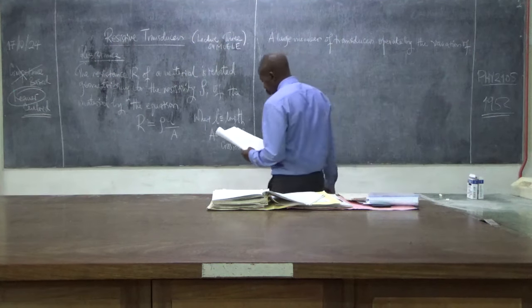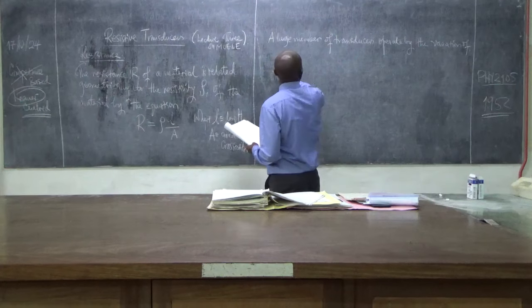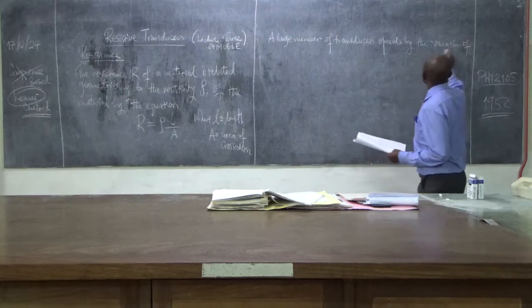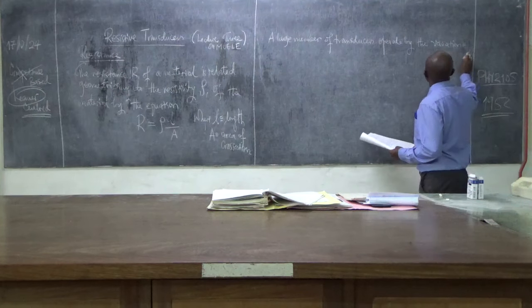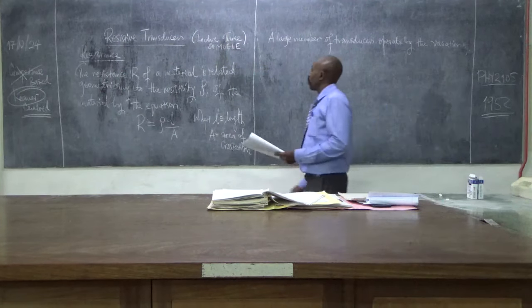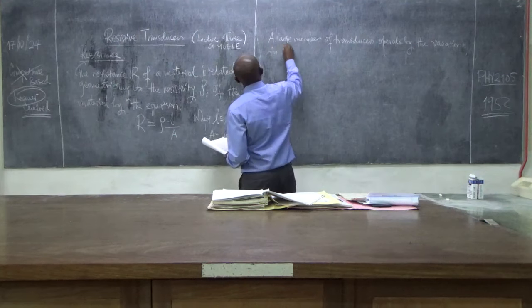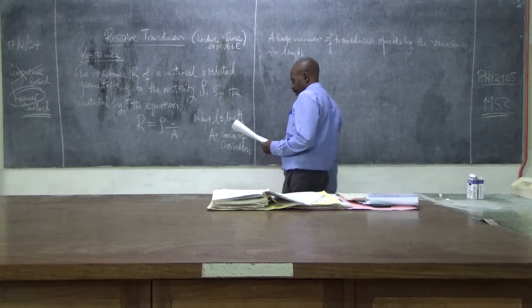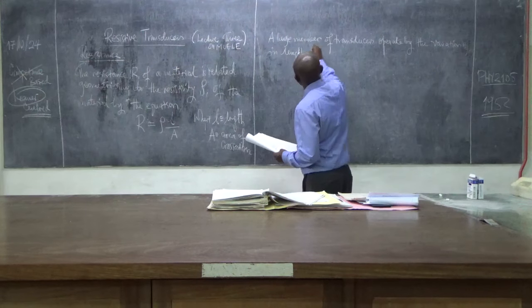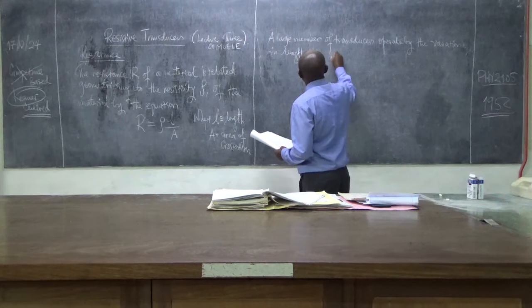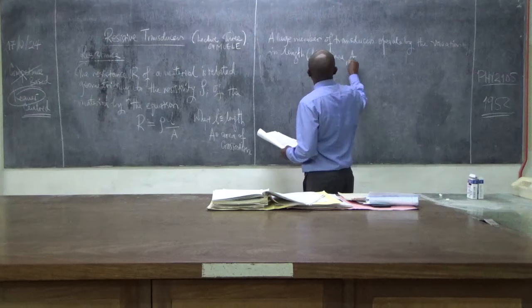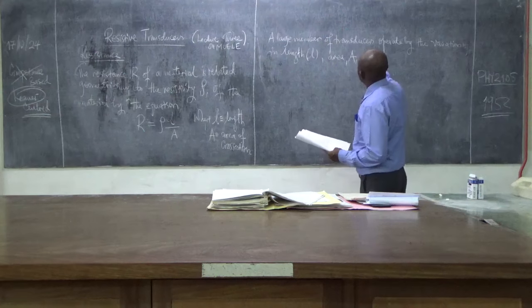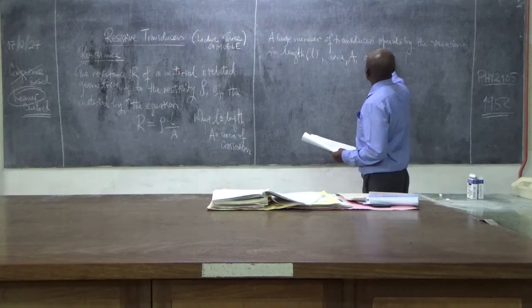Is it variation in length or of length? Variation in length L, area A, or resistivity rho.